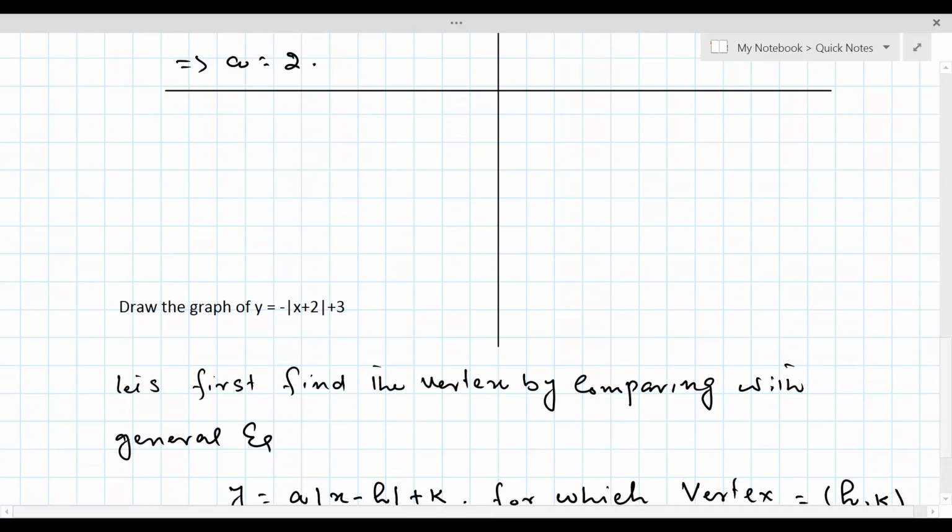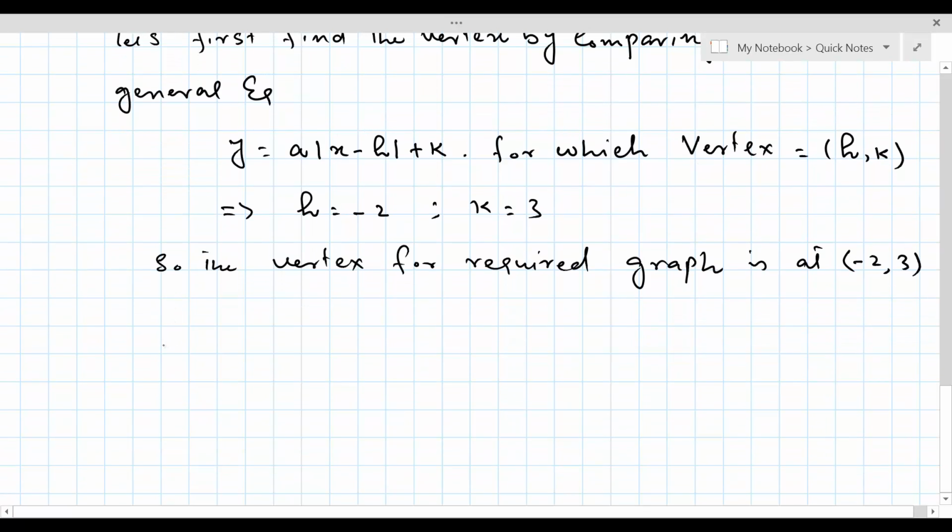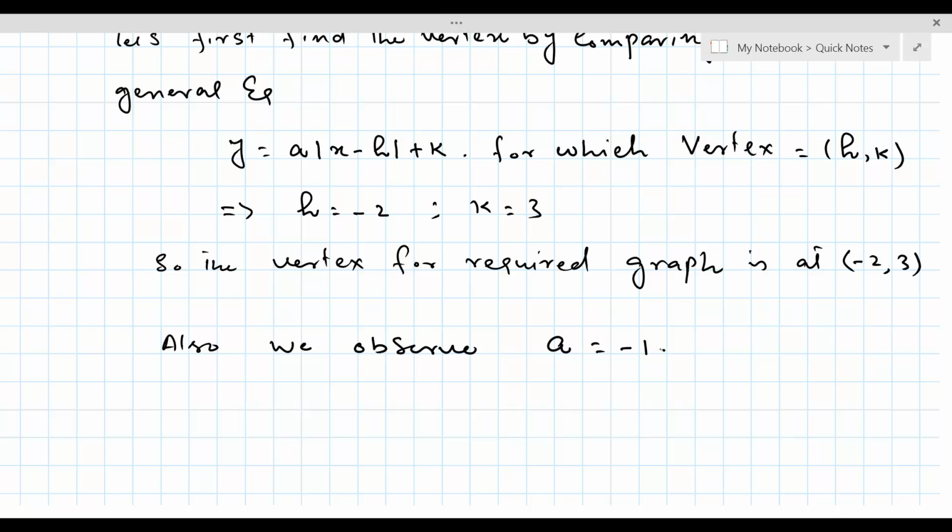And since the value of a is negative, we observe a is equal to minus 1. If a is equal to minus 1, that tells us two things.